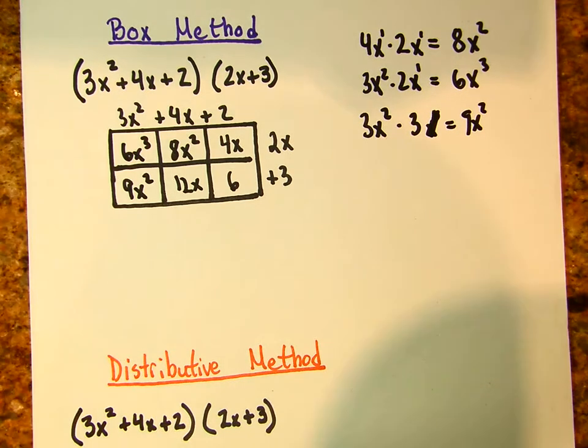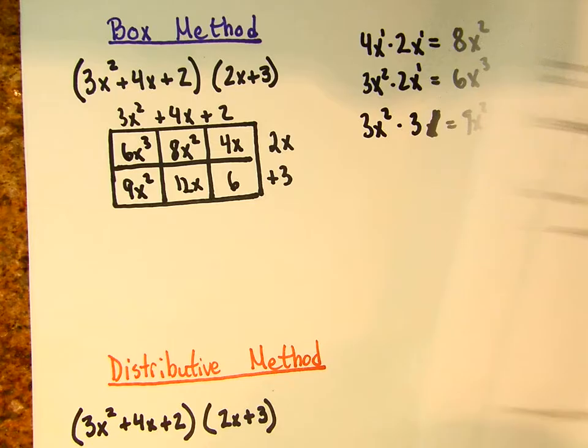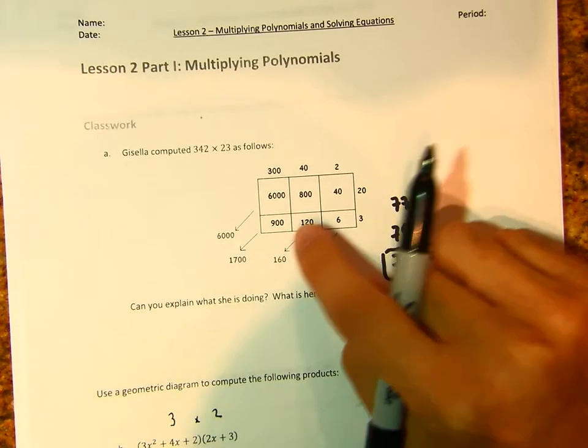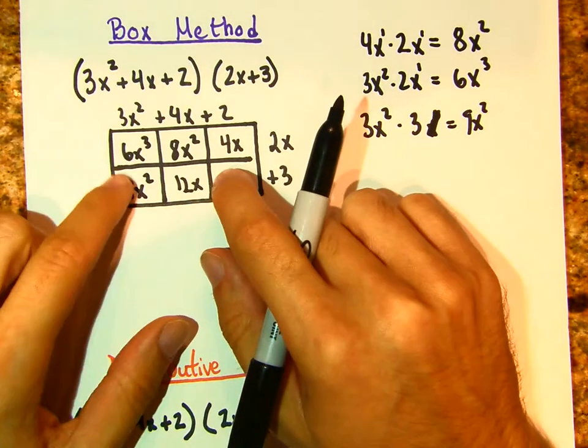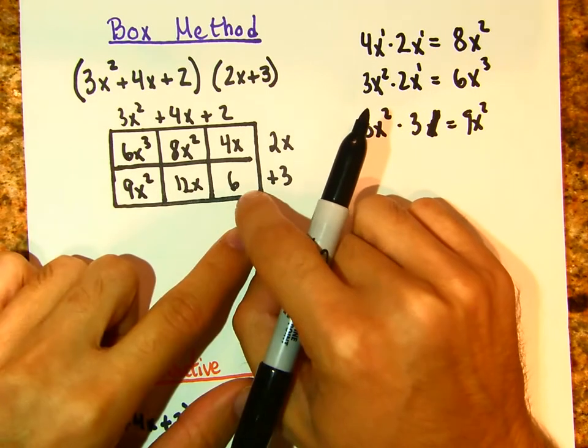Okay, awesome. So once we have all of this, what did Gisela do last time? She just added these values over here. Once we have all these numbers all lined up, all we need to do is just combine these terms. So notice, always start with the highest exponent and then we'll go to our constant, right?